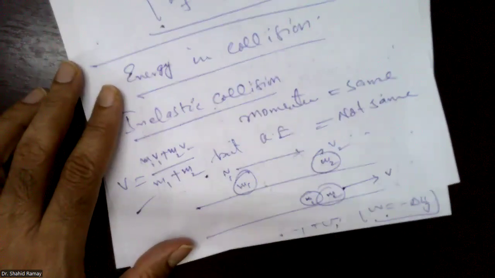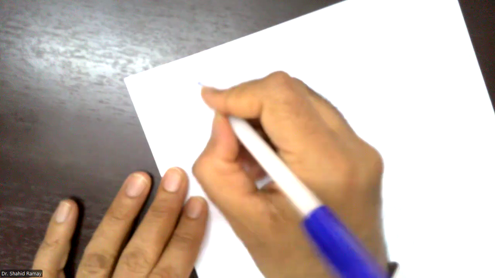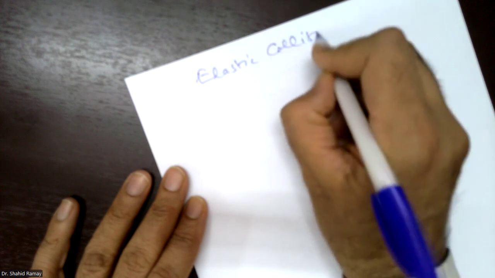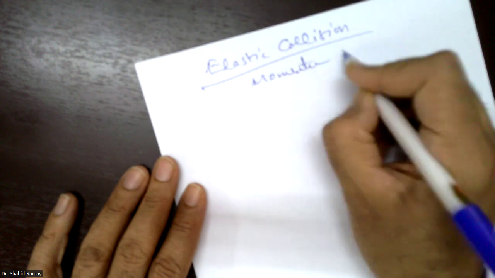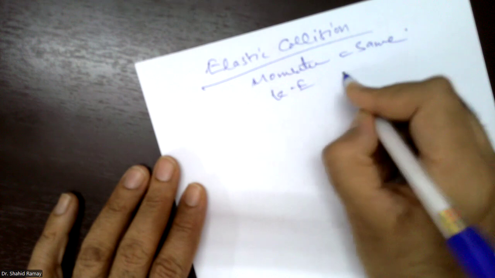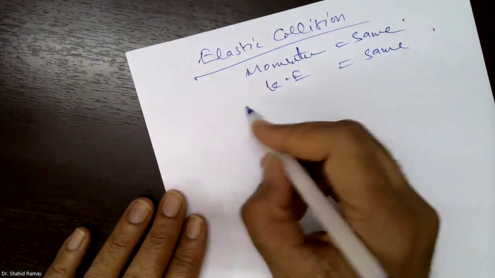But if the collision is not inelastic, if it is an elastic collision, then how to solve the problems? First you should know what an elastic collision is. An elastic collision is one in which the momentum remains the same and the kinetic energy also remains the same, both the same. So we can write the equations.